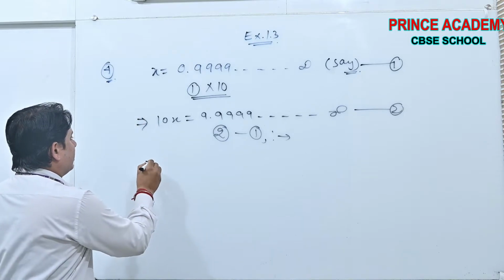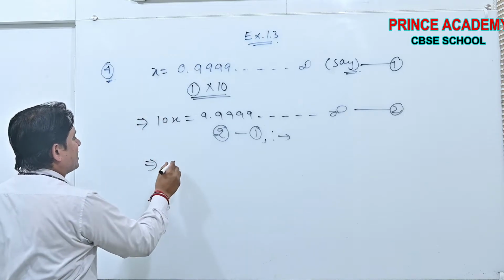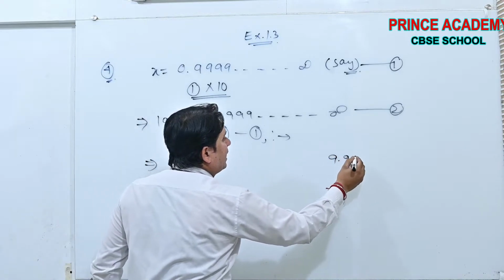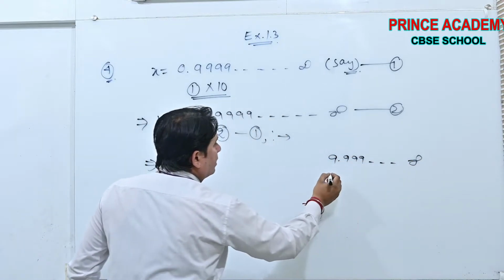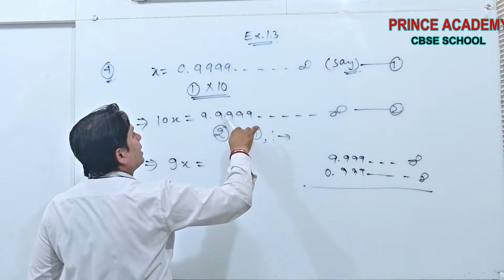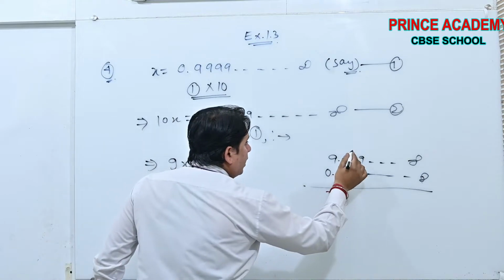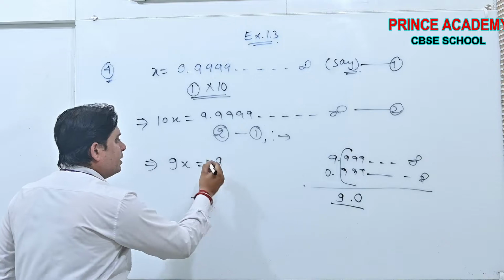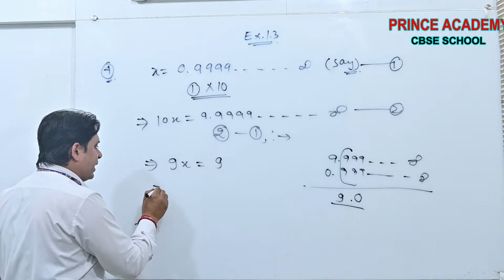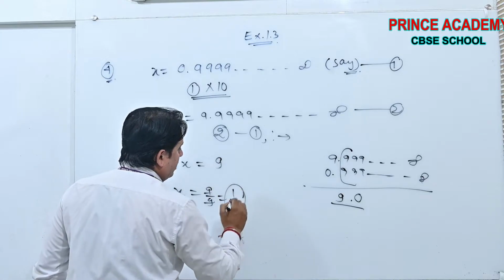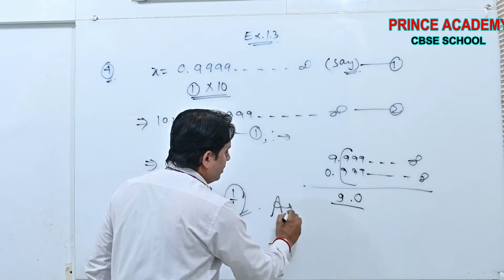You will get 10x minus x, that is 9x, is equal to 9.999 up to infinity minus 0.9999 up to infinity. Yes or no? This portion minus this portion. After the decimal the whole part is removed, 9 minus 0 is 9. Then if you find x, you will get 9 by 9, that is 1 by 1. Okay, this is the answer.